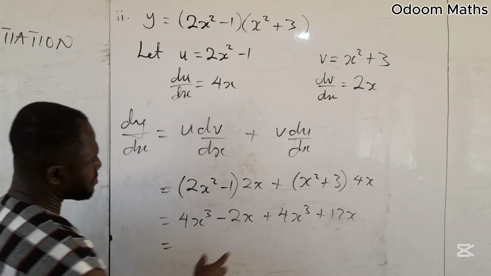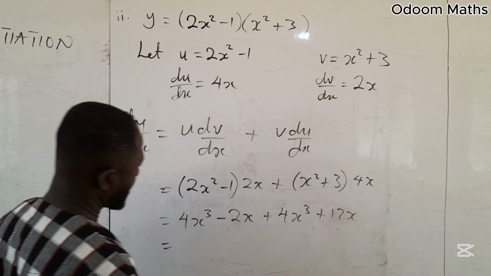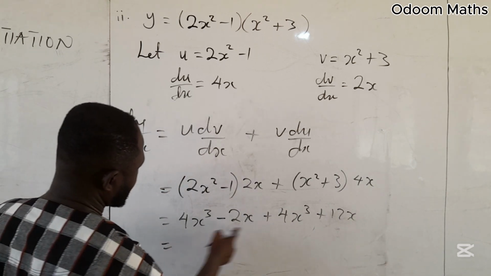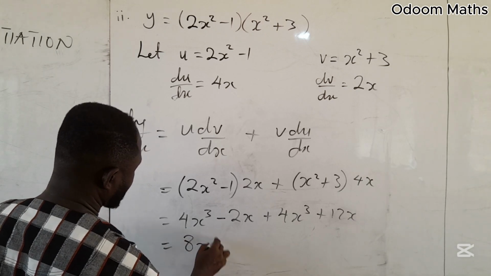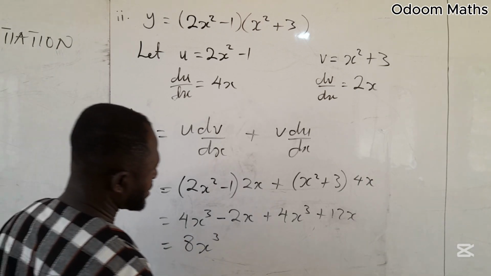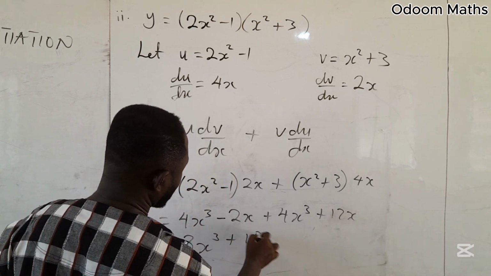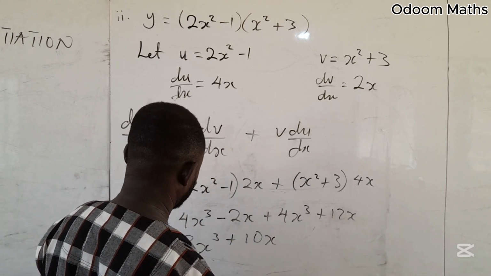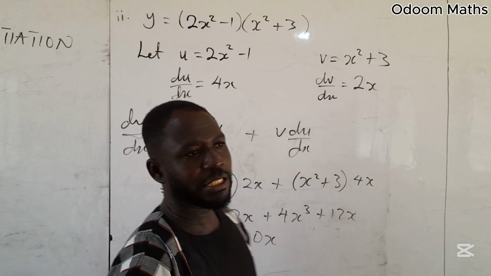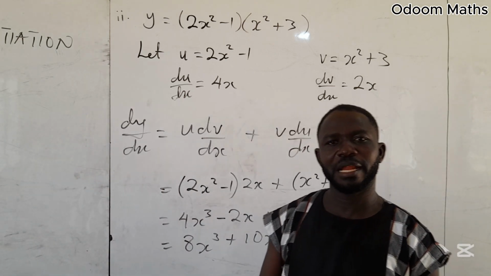Now let me group and then add the like terms. This is going to give me 8x cubed. Then negative 2 and this becomes plus 10x. That is that.